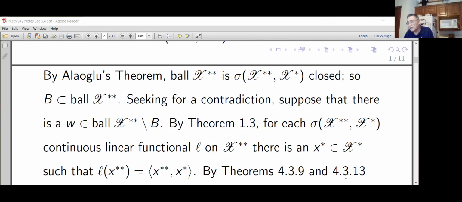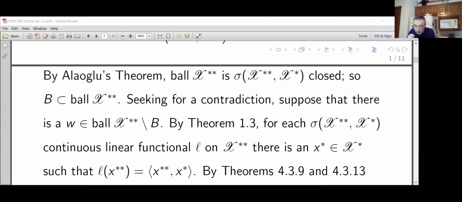by these theorems, if you have a compact convex set B and a point outside, we can have a functional separate the point and the set. One is for real, one is for complex.